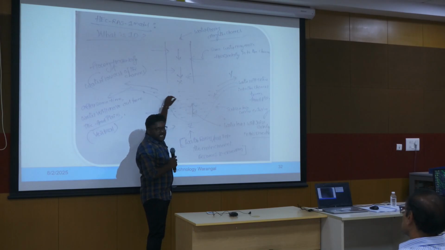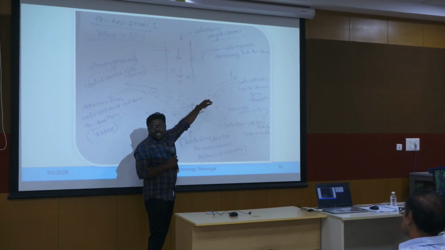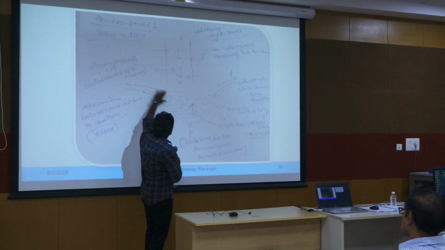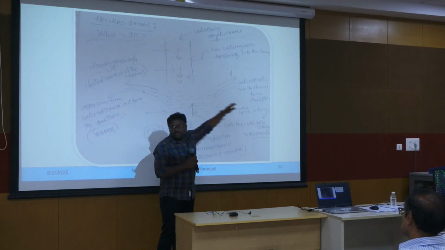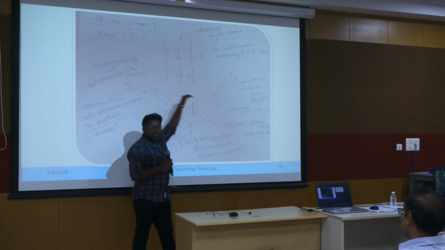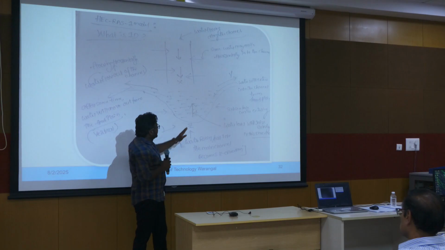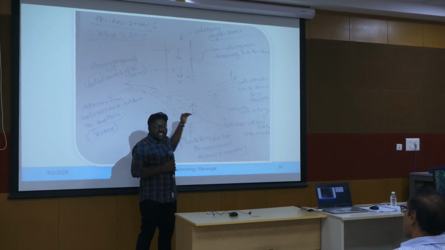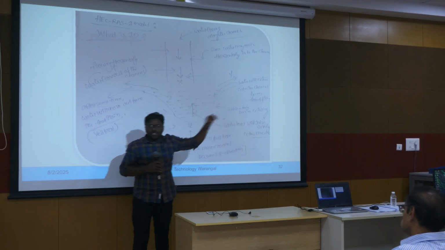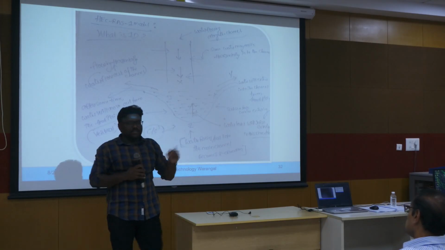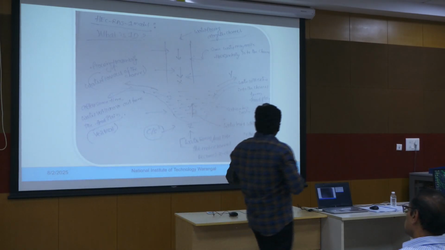Then if it reaches the maximum level, water will also move into the floodplain area. So water is moving along the direction, and also it is moving in the z direction, and in another direction too. So the water is moving in 3D, not 1D and not 2D.